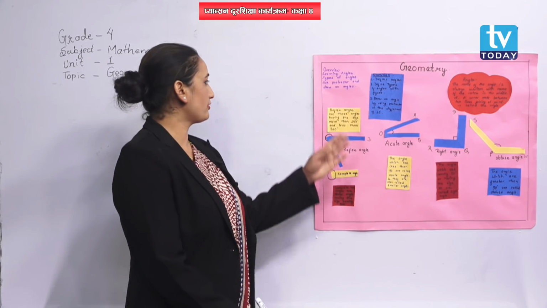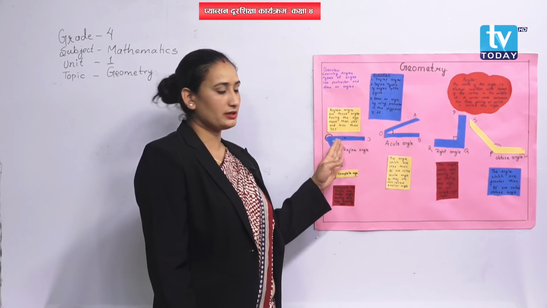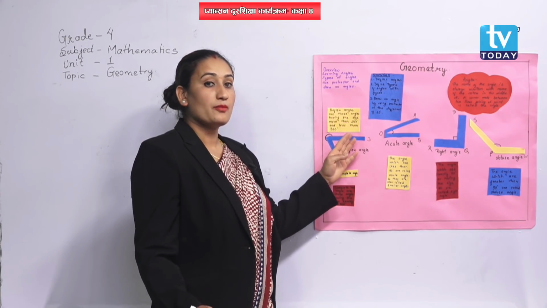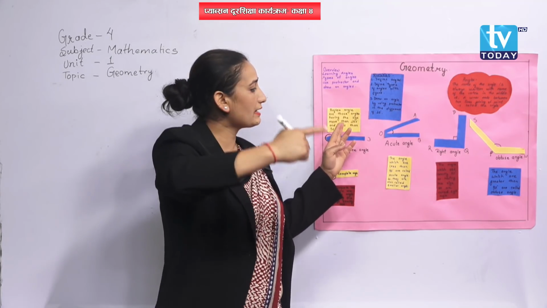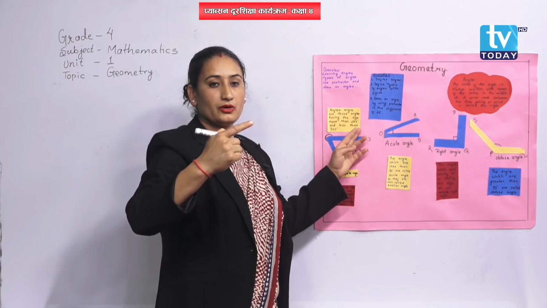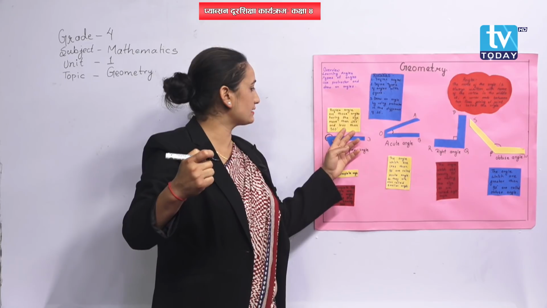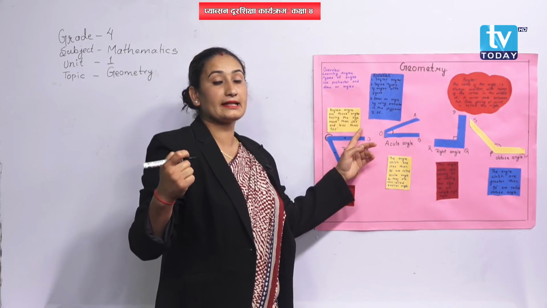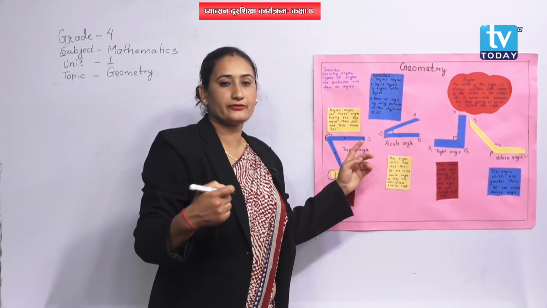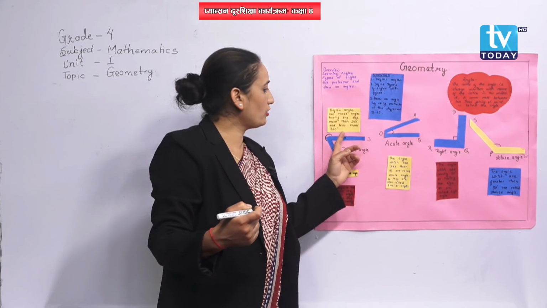Okay, let's have a look. Fourth, reflex angle. Reflex angle means those angles having a size more than 180 degrees and less than 360 degrees are called reflex angles. Done.